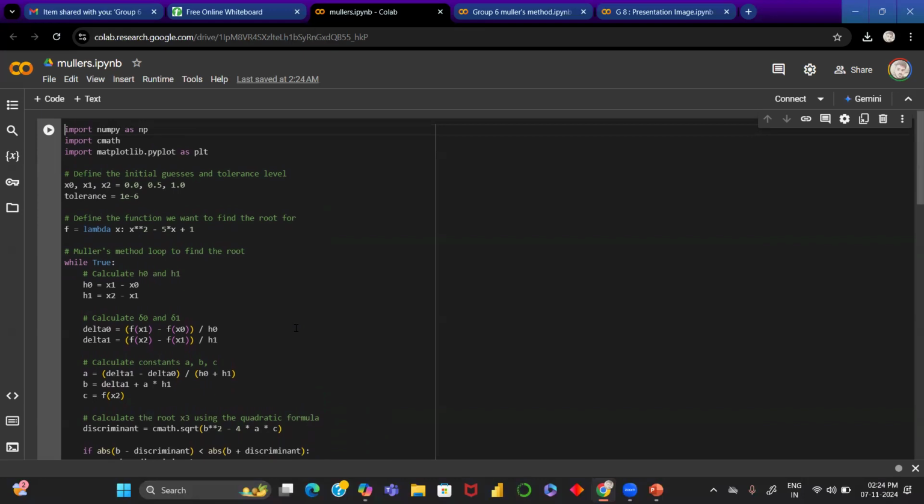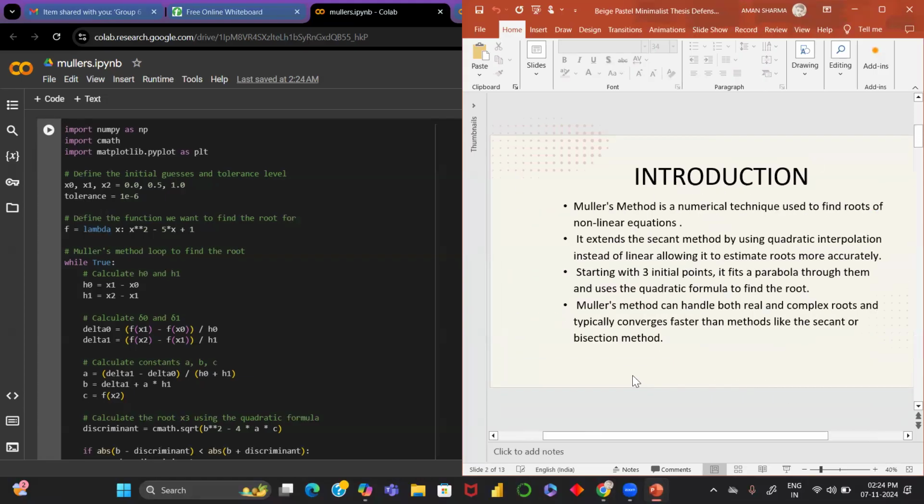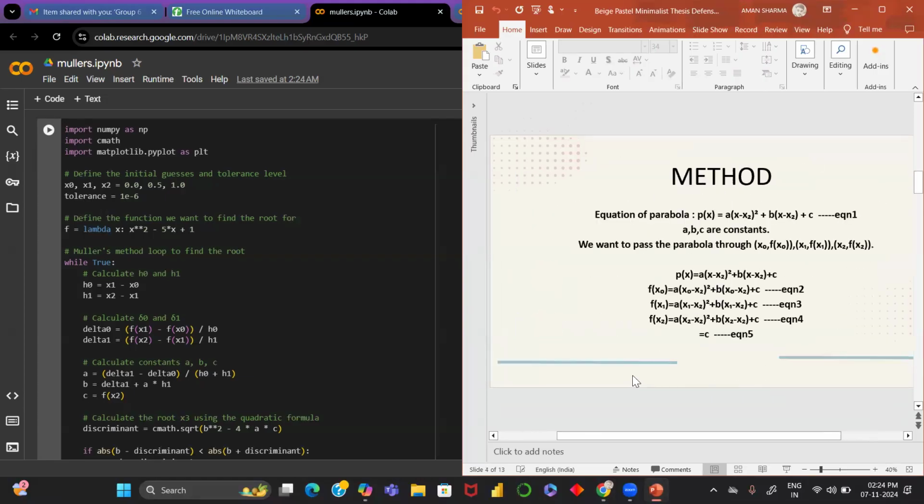We have the function x square minus 5x plus 1. The question is whether the initial points lie on the parabola; x equal to 0 is not like the parameter.